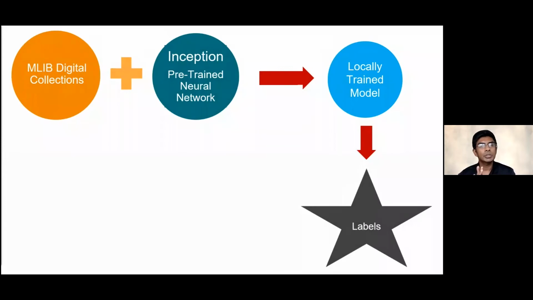And then we can use the locally trained model to generate labels. The goal here is that we should be able to get much more accurate results compared to the basic out-of-the-box inception model, which has been trained using your day-to-day modern objects, the photographs of modern objects.